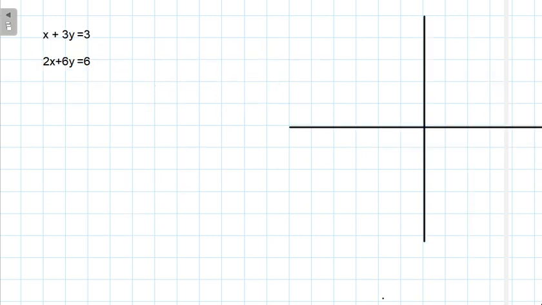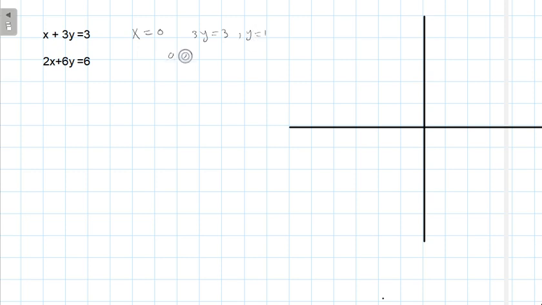Let's take a look at another example: x plus 3y equals 3 and x plus 6y equals 6. I need 2 points on each equation. For the first equation, when x equals 0, then 3y equals 3, then y equals 1.